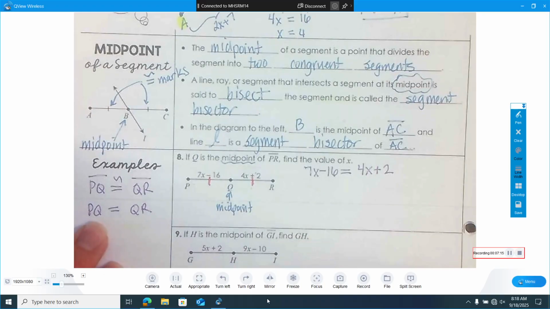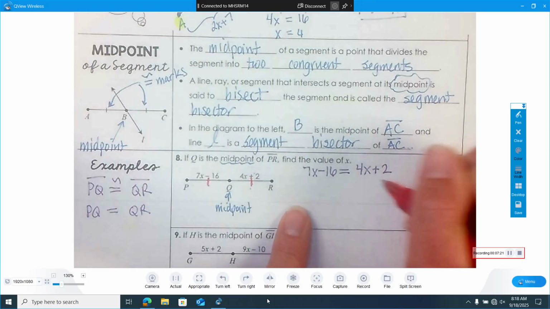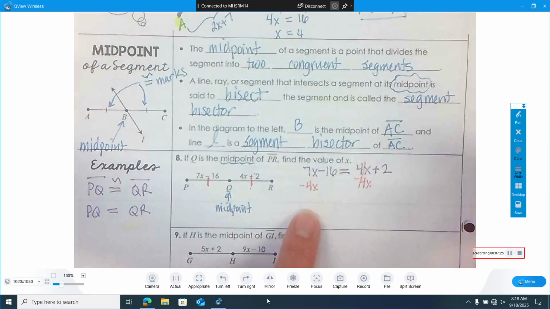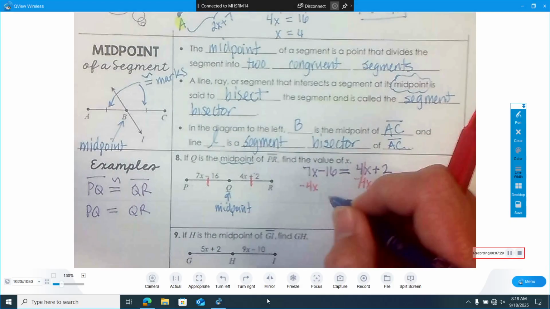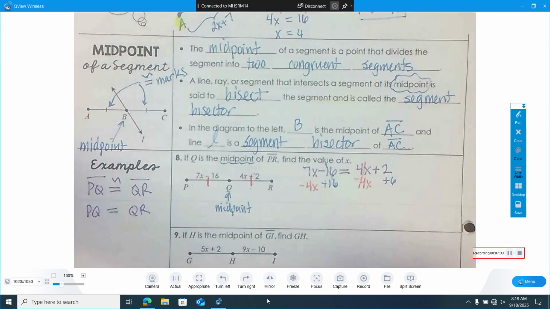Of course, this is all in algebra. So now we can solve. How should I solve this? Minus 4x. And then I'm also going to add 16. I'm doing 2 steps in one here, adding 16 as well, just to get it cleaned up.